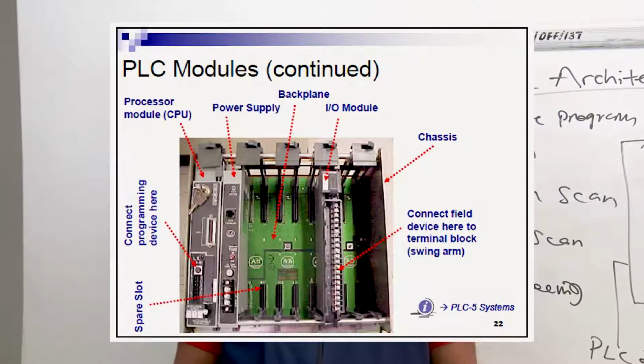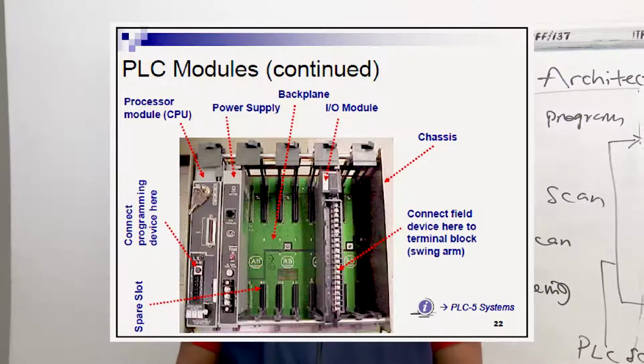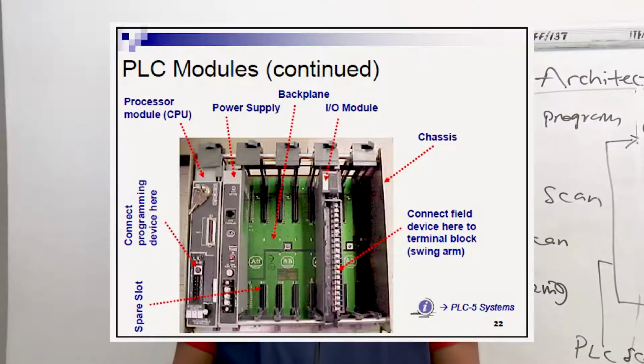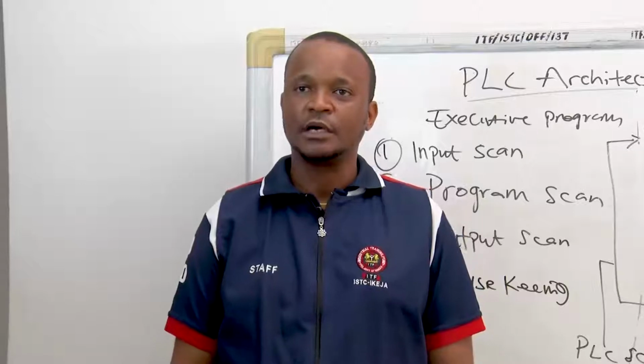You can also see the backplane of that PLC, the I/O modules, the chassis, and other spare slots for expansion. So this is a modular PLC, which means it can be expanded. So these are the internal structures, in case you were not able to see them in the SLC PLC. So that is the structure of the PLC.